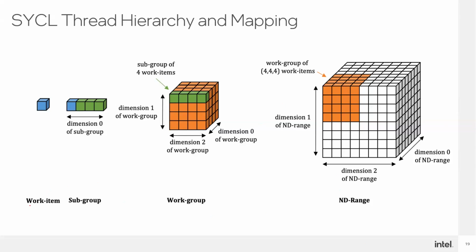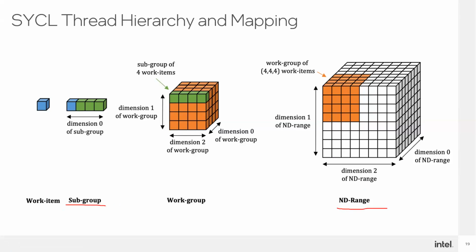If it supports SIMD features, or has SIMD on the hardware level, then you can group it into subgroups, right? The bigger grouping is called a work group, which can be a 1, 2, or 3-dimensional set of threads. And finally, there is an nd_range, which consists of these work groups.